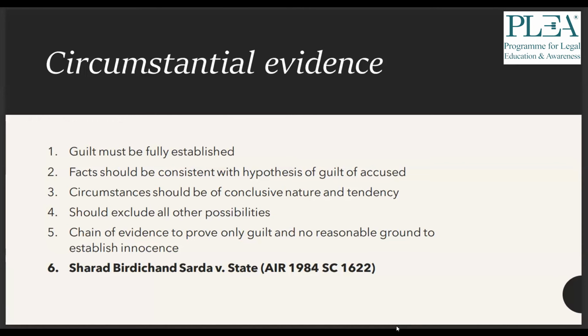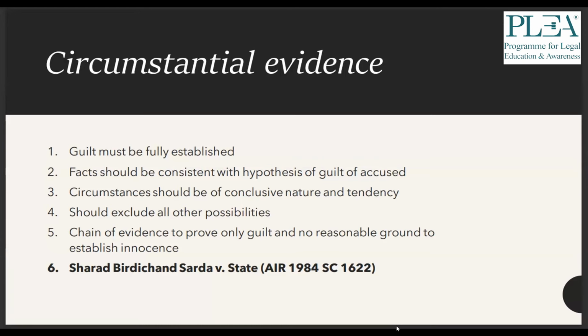There is something called facts and circumstances of the case. Facts is something that has really happened, which is stated as a fact by somebody, and circumstances is in what situation it has happened. That is exactly what circumstantial evidence is.